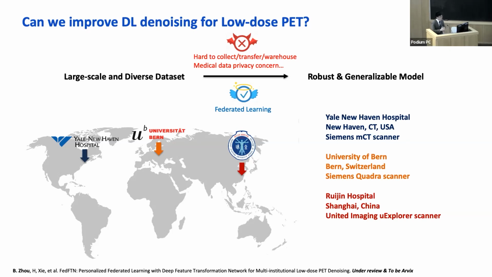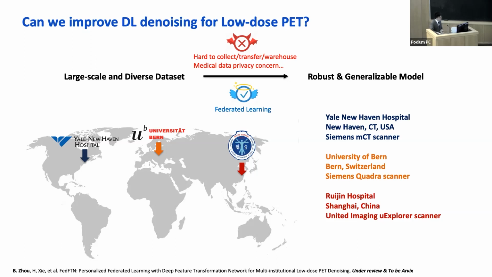Okay, so we see DL has had great success with nuclear medicine imaging, but a lot of those models are actually trained locally with limited data. So to get a robust and generalizable model, we really need large-scale, diverse data with rich representation.